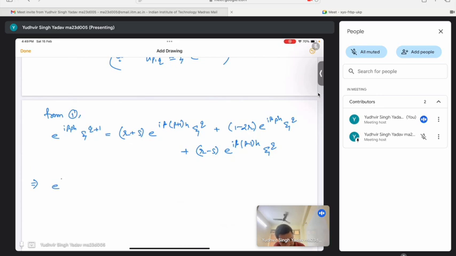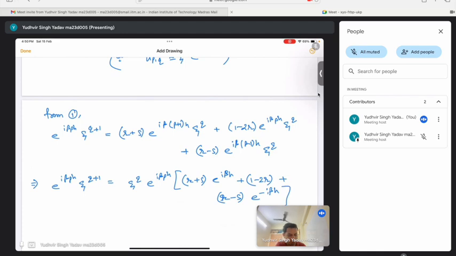We will take some repeating terms common from the right-hand side for simplification. Therefore, we get ξ to the power q e to the power iβph, and it is (r+s) e^{iβh} plus (1−2r) plus (r−s) e^{−iβh}.